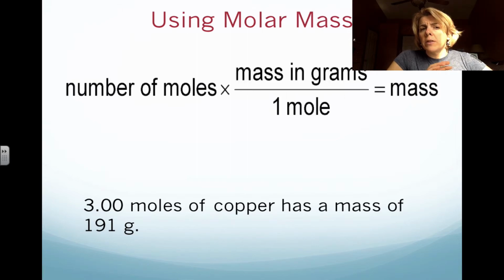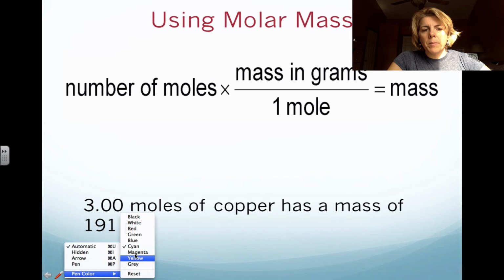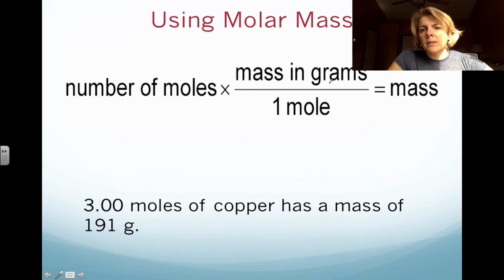So you're going to take the number of moles that you counted and you're going to multiply it by the mass in grams. Now remember, this is grams per mole, and the mass that you're going to find is actually underneath the element symbol in the periodic table. So that average atomic mass that we were working on way back when, we're going to make that our grams for this equation.